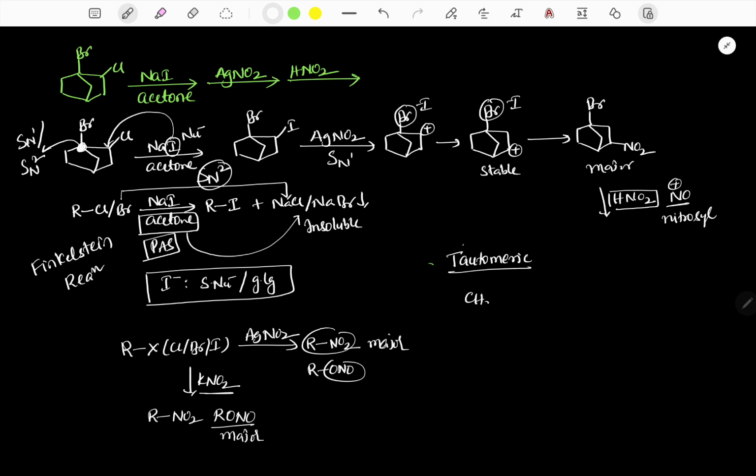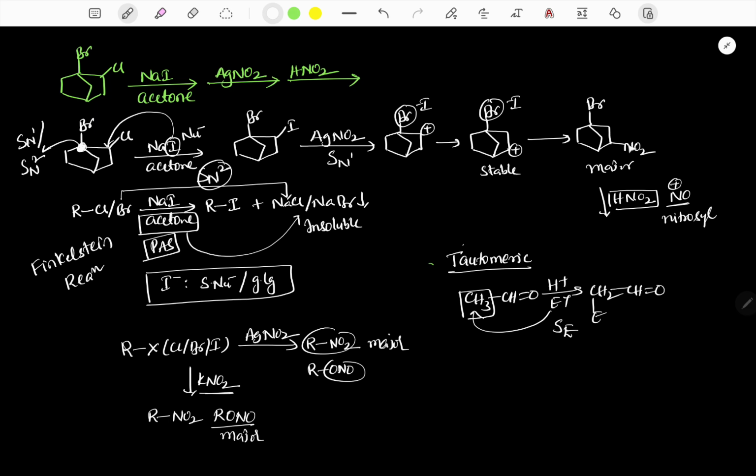For example, if I take aldehyde, if I add H plus and electrophile, we know that the tautomeric proton can be replaced by electrophile. It is simply electrophilic substitution.